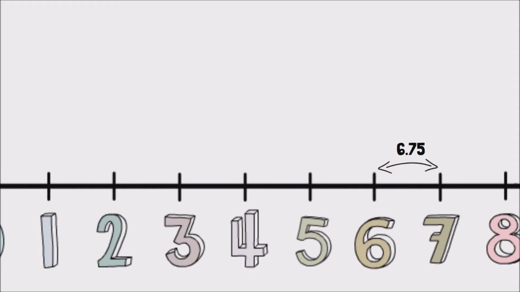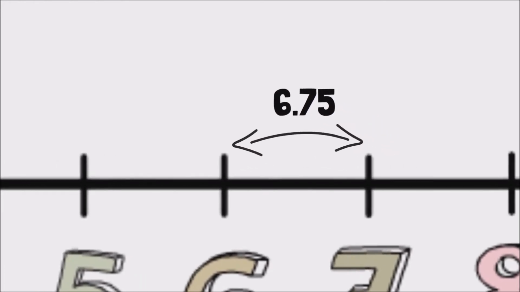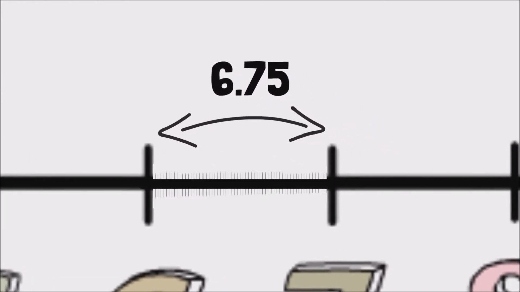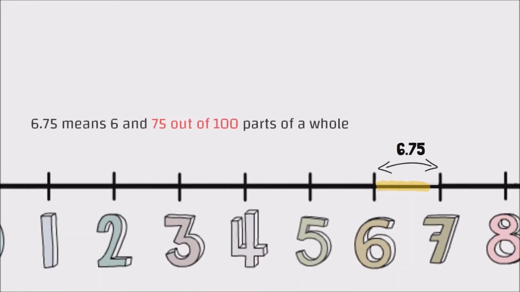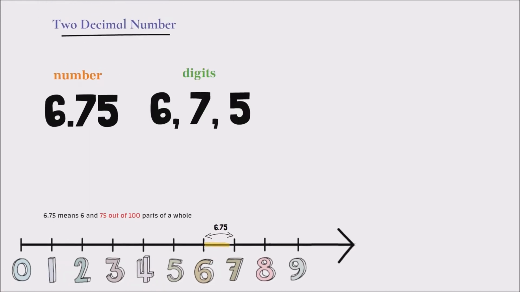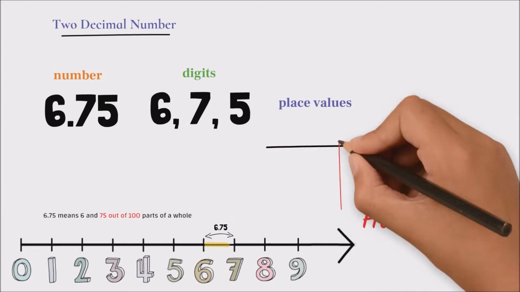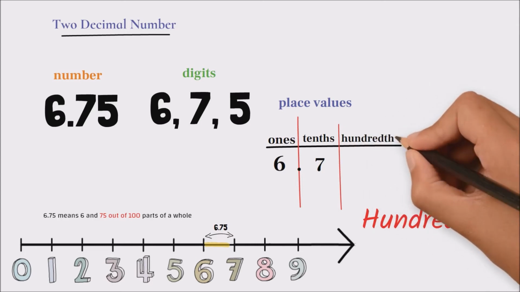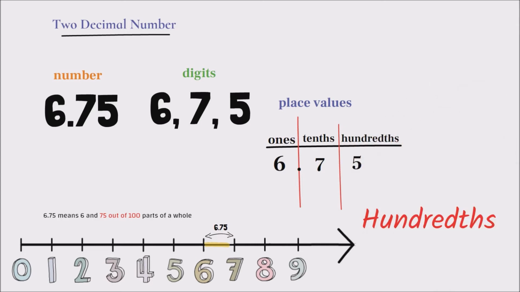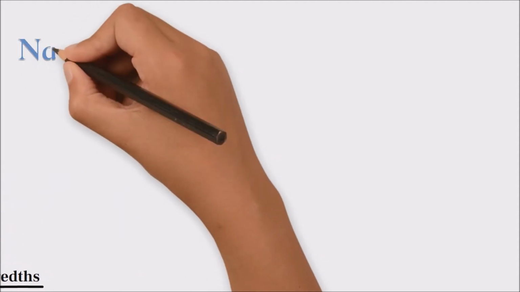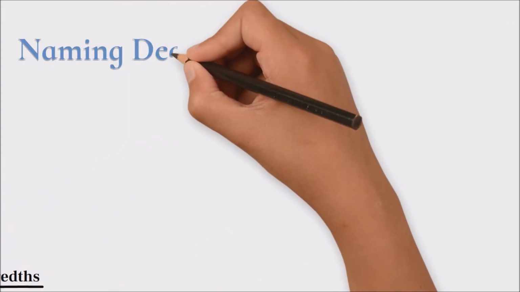Now, by standard, if there are two digits on the right of the decimal point, we would divide the space between 6 and 7 into 100 smaller spaces, and 6.75 would be found at the 75th space, which as groups would be 7 tenths and 5 out of 100 spaces. This is our second place value name, hundredths, and we say that the place value for 5 in the number 6.75 is 5 hundredths.